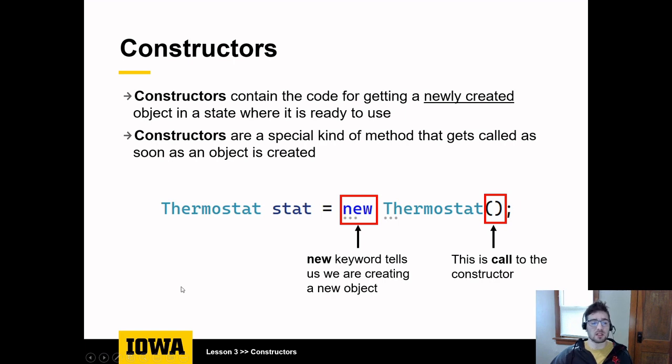Now, what's also true is constructors are a special kind of method that gets called as soon as an object is created. Before anything else can happen to this object, the constructor method must get called, and that code must get executed.